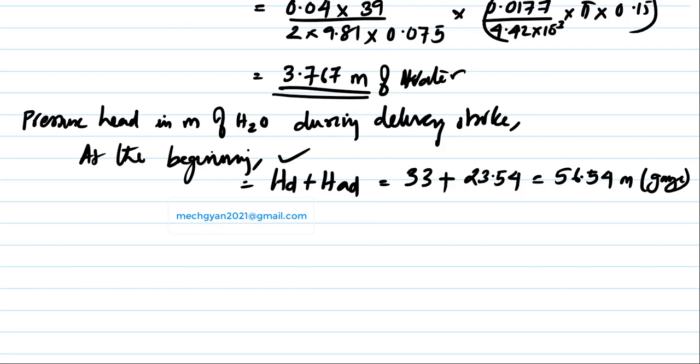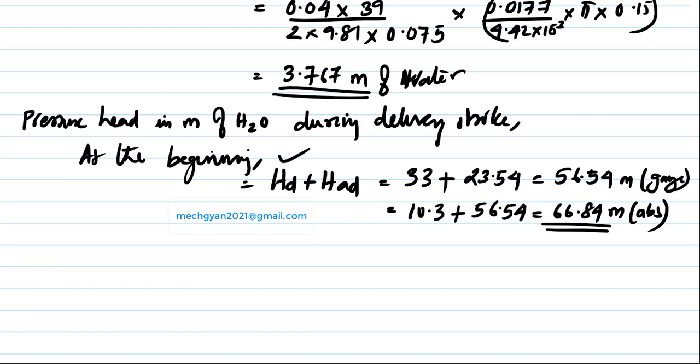Now to this we have to add 10.3. 10.3 plus 56.54 is equal to 66.84 meters absolute. So we got the value at the beginning. Now at the middle, we have HD plus HFD.